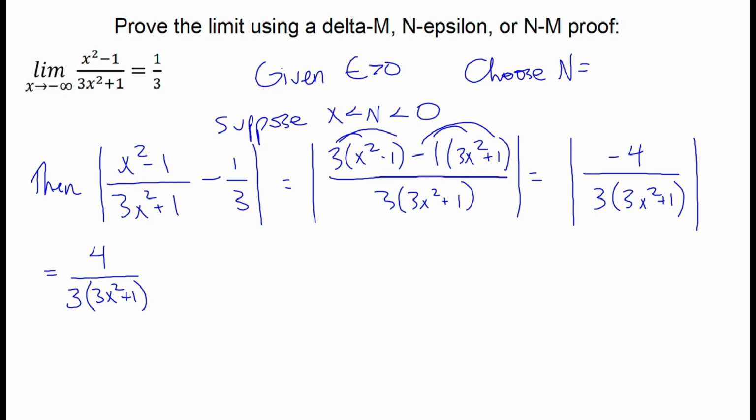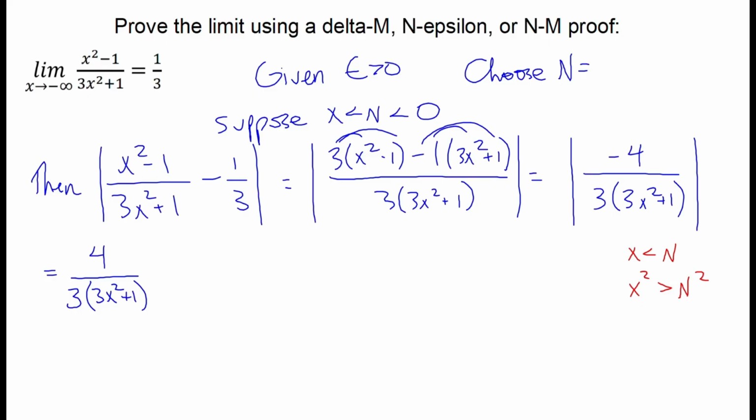And so now we want to show that that is less than epsilon. And so the way we'll do that is, since we just have a singular term there in the denominator, we'll just use that expression that we have, that x is less than n, and we'll just build a 3x squared plus 1 out of that. So first we'll square it. If x is less than n, then that means that if x, which is a negative number, gets squared, that means that x squared is going to be greater than n squared.